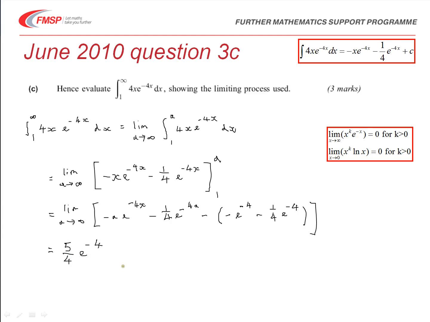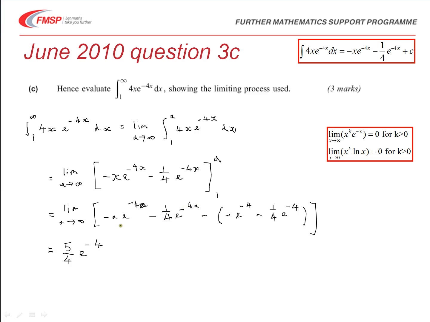And then we've got to consider what happens as we take the limit as a tends to infinity of these two expressions here, the minus a e to the minus 4a. My apologies, that should be an a. We substituted a in for x, didn't we? And minus a quarter e to the minus 4a. Okay.